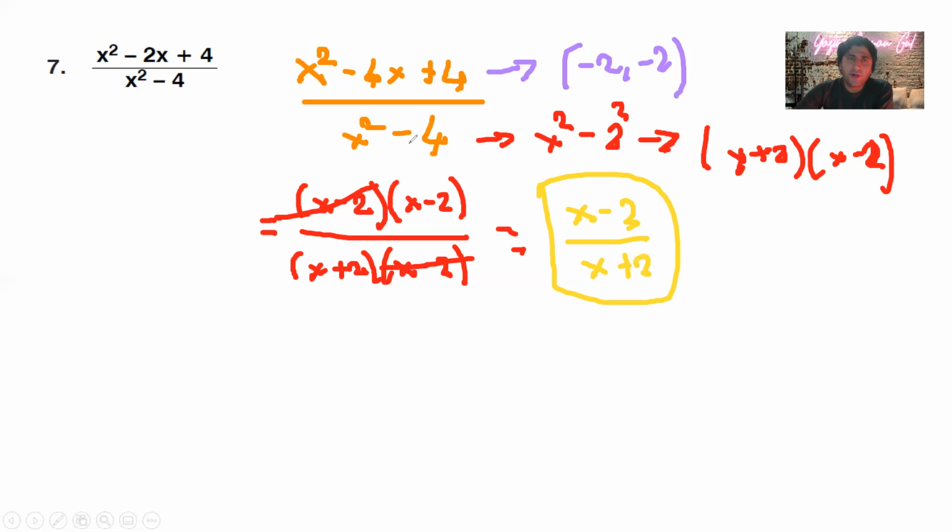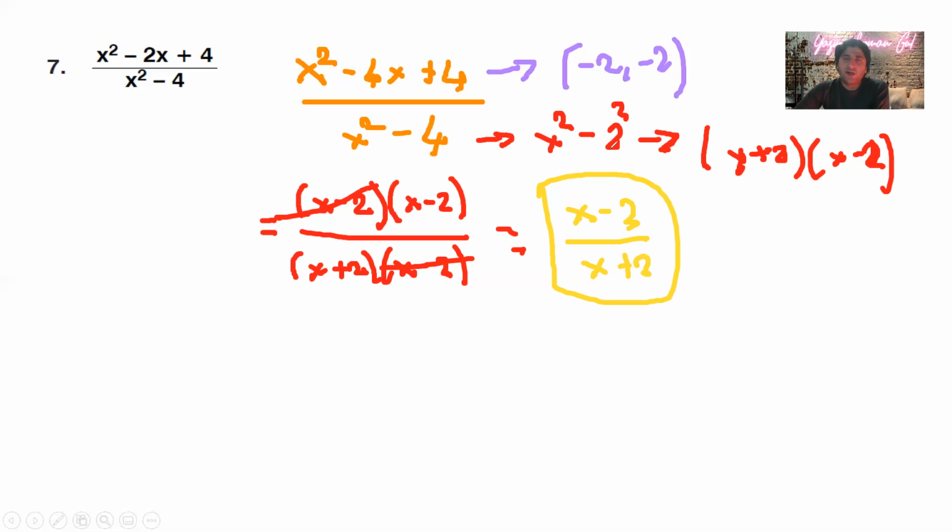Then the bottom part, x squared minus 4. The x is written in the form of an exponent, so I'm going to write 4 also like that. 4 is 2 to the power of 2. When I write it like that, it becomes a difference of 2 squares, because x squared minus 2 squared.